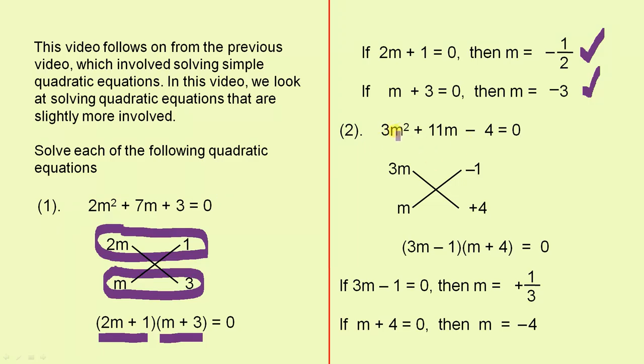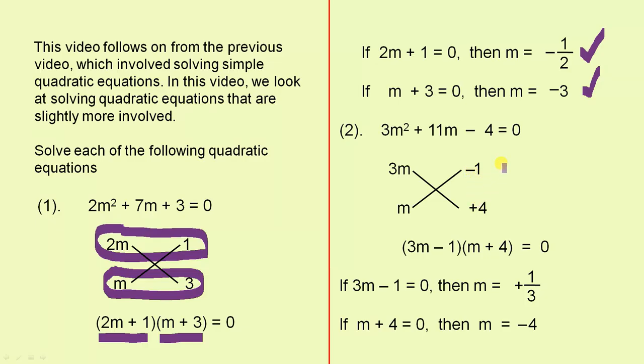Number 2, we have 3m squared plus 11m minus 4 equals 0. What are two terms multiplied together to give you 3m squared? 3m and m. What are two numbers multiplied together to give you minus 4? Minus 1 or plus 4?